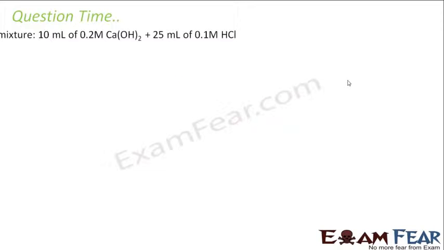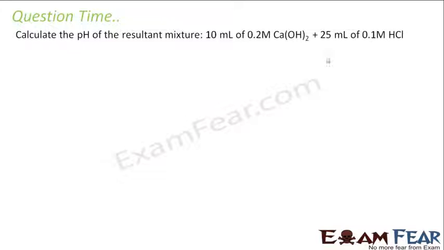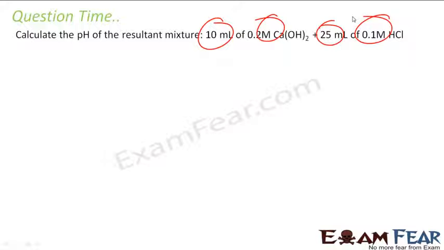Let's take some questions here. So we have to find the pH of the resultant mixtures: 10 ml of 0.2 M Ca(OH)2 and 25 ml of 0.1 M HCl. So we have this reaction: Ca(OH)2 plus 2HCl gives CaCl2 plus 2H2O.